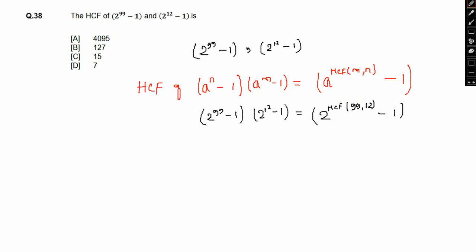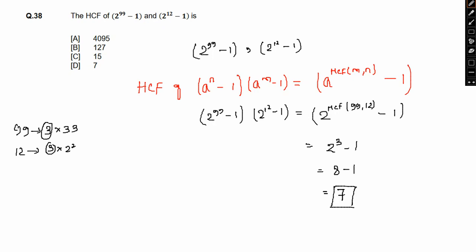So 99 can be written as 3 into 33. 12 can be written as 3 into 2 square. Only common element is 3. Okay, so this can be written as 2 to the power 3 minus 1, or 8 minus 1, or 7. Okay, which is our answer.